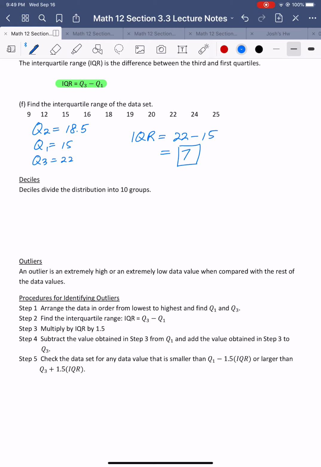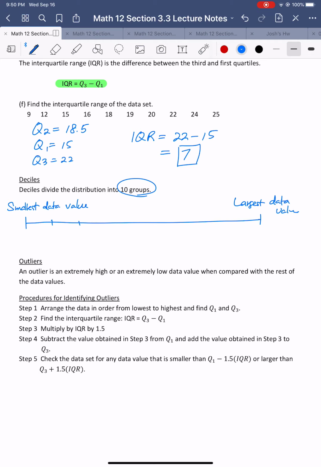All right, deciles. A decile divides the distribution into groups, from the smallest value to the largest value, and then you divide it into 10 groups. So 1, 2, 3, 4, 5, 6, 7, 8, 9, 10.